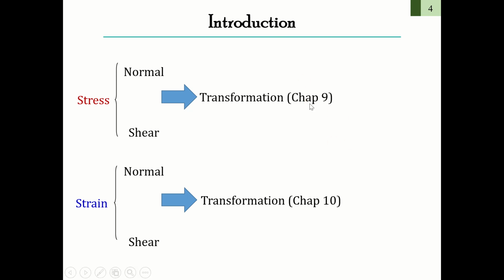Chapter 9. And the strain also has normal strain and shear strain. If at a point you cut in the vertical direction or the horizontal direction, you will get different normal or shear strain at the same point, depending on how you cut it.